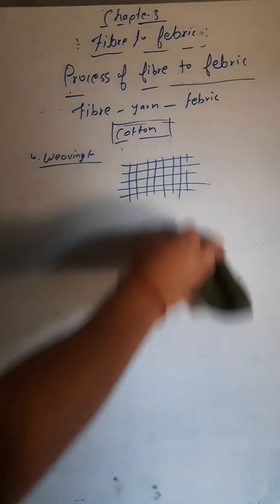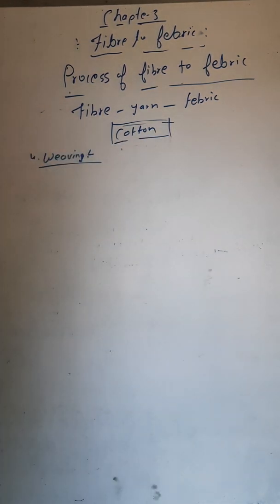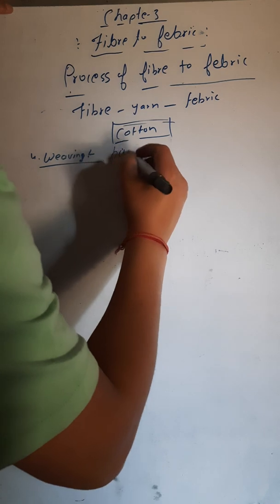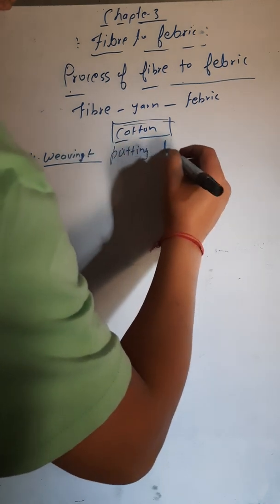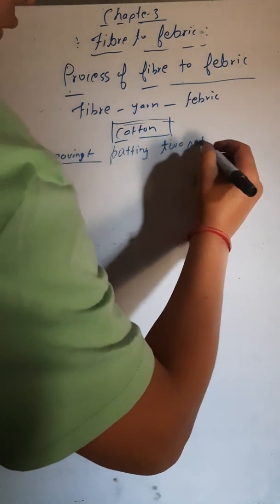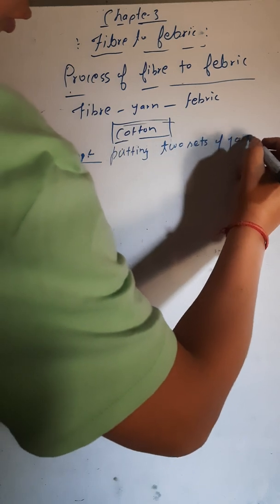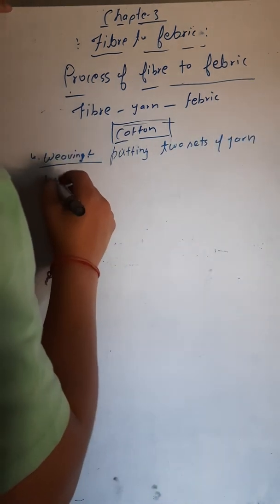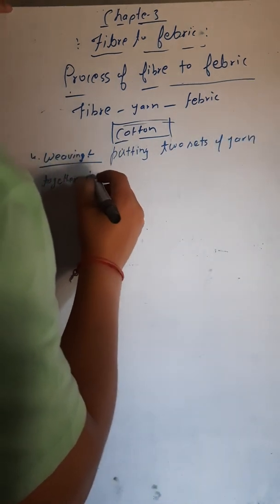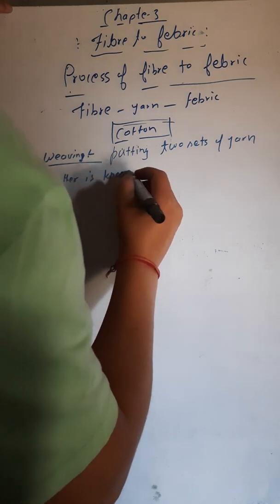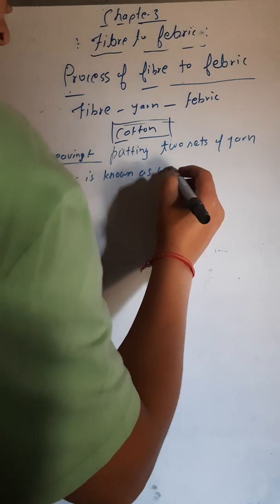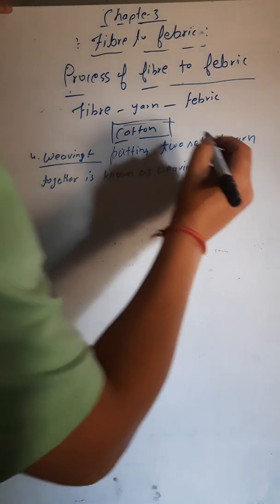Okay, so here you should write: putting two sets of yarn together is known as weaving.